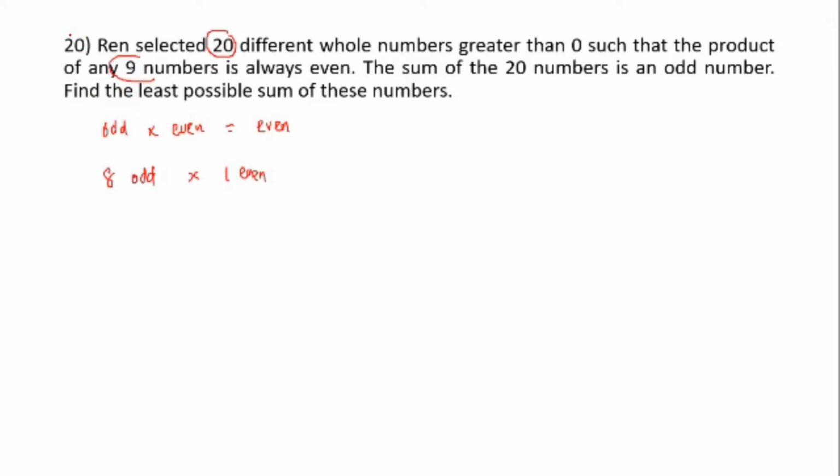So you can make sure if you have only 8 odd numbers in the 20 numbers, then your product of any 9 numbers that you take will always be even because you will always multiply by an even number. Okay, so now we know that the maximum number of odd numbers we can have is 8. But then it also says the sum of the 20 numbers is an odd number. Now, what does this tell us?